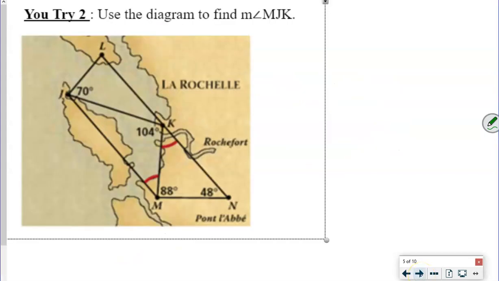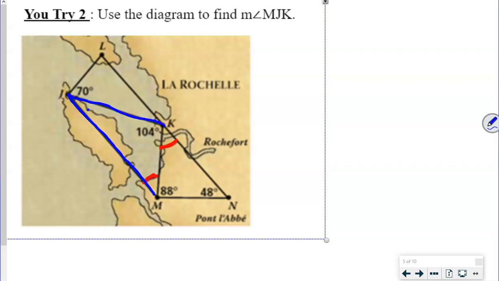Okay, so on this next one, I want you to notice, and on y'all's paper, it's really hard to see, that this angle here and this angle here are congruent, okay? So you want to use that information to answer the question that's being asked, which is what's the measure of MJK? So MJ is up there and K is right there.